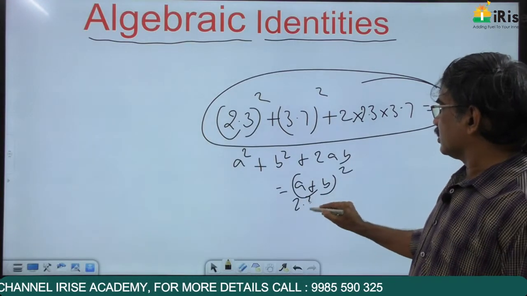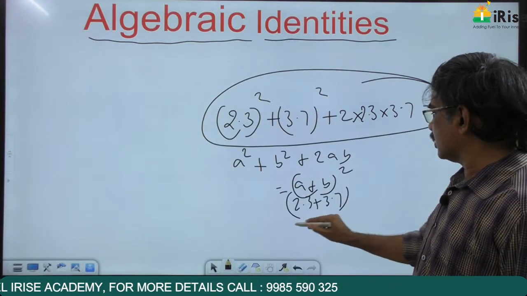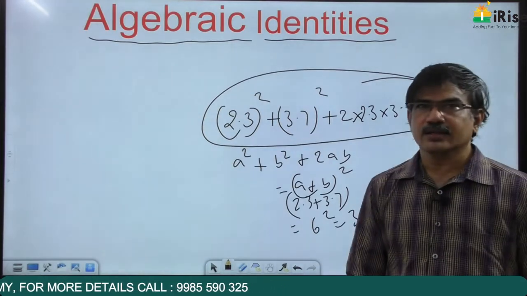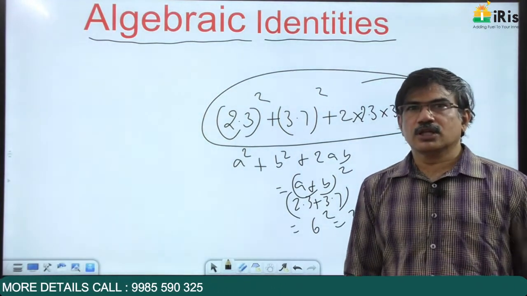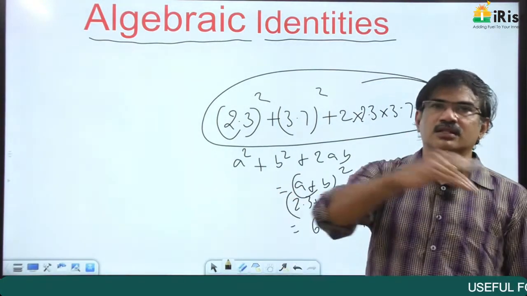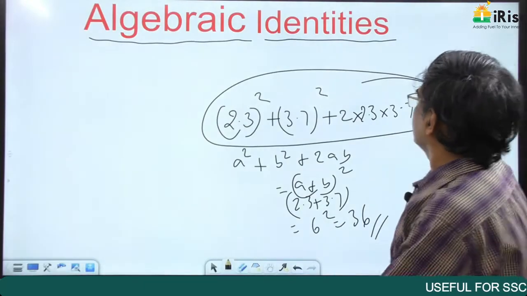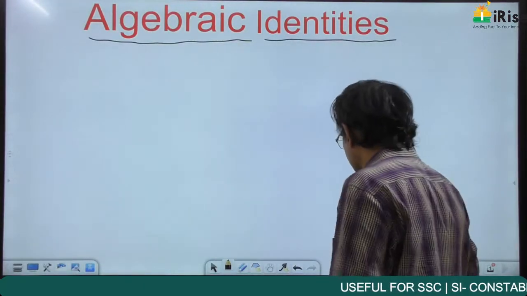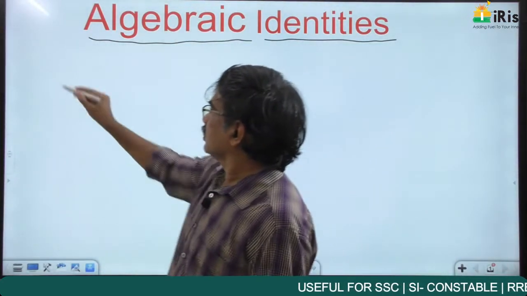So 2.3 plus 3.7, which is 6, whole square, is equal to 36. Not only one side, you should know the formula on the other side also. So I want to write the formula list and related questions.